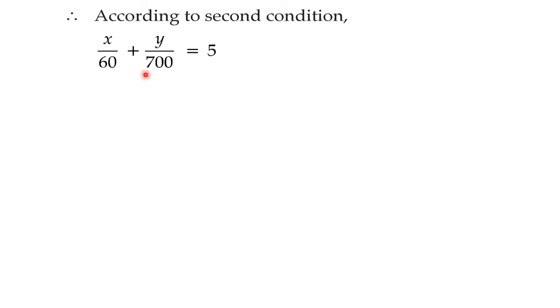Is 700 divisible by 60? No. The next multiple of 700 is 1400. Is it divisible by 60? No. The next multiple is 2100, and if you divide, you will find that 2100 is divisible by 60. Therefore, 2100 is the LCM of 60 and 700.